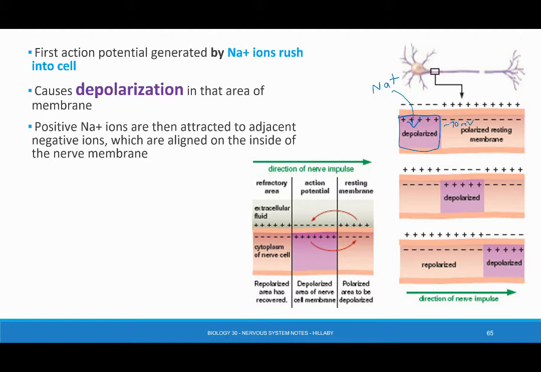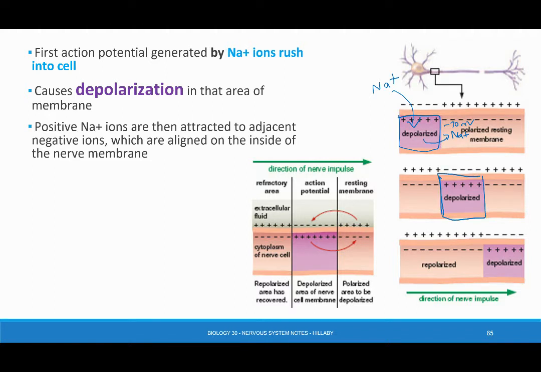Those sodium ions that rush in are attracted to the negative charge right adjacent to it, so they flow over to the next segment of the axon. That's the stimulus that triggers an action potential in the next segment.